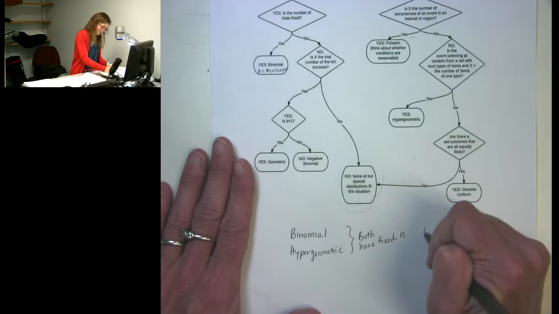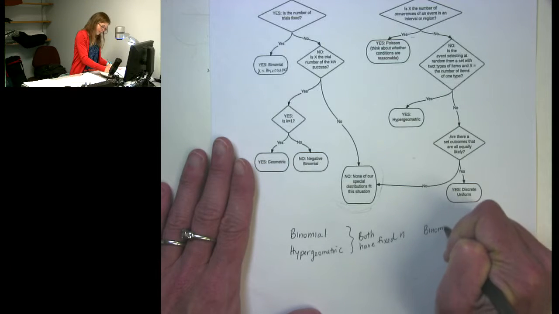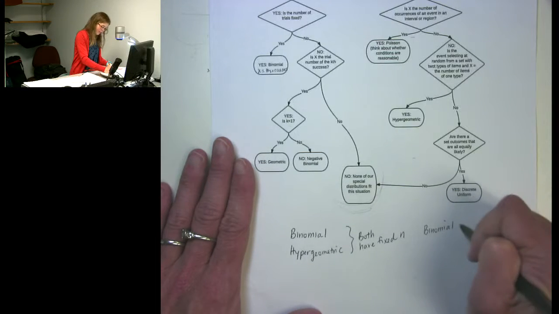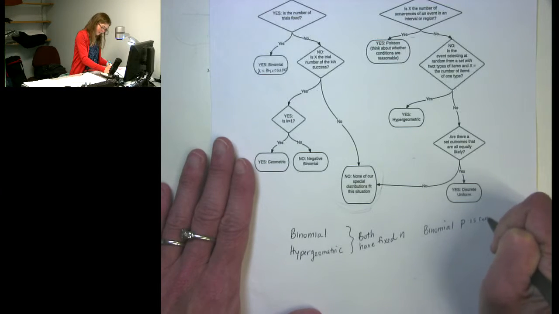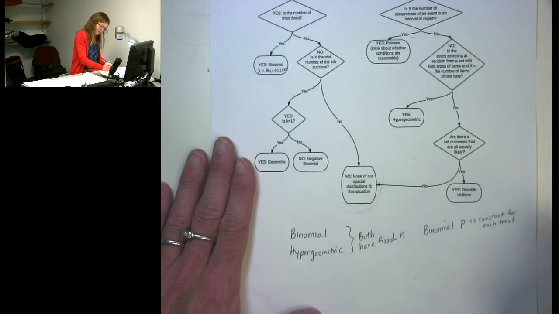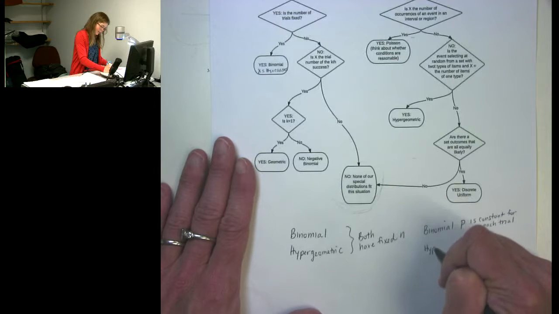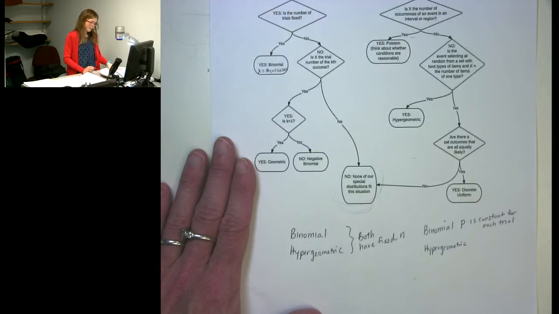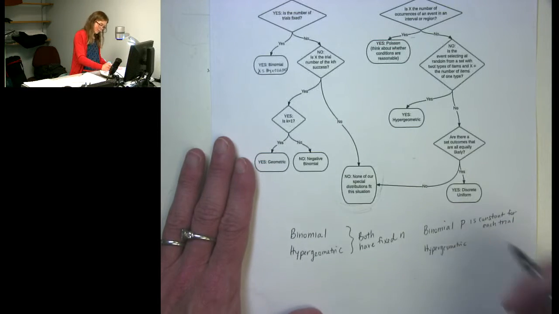What's different is that for the binomial, p is constant for each trial. For the hypergeometric, the probability that you'll choose an item of a particular type changes because of sampling without replacement.